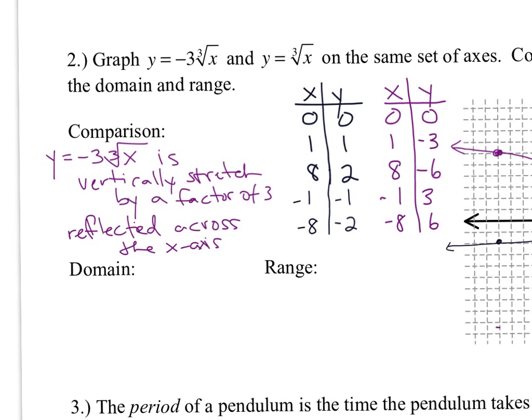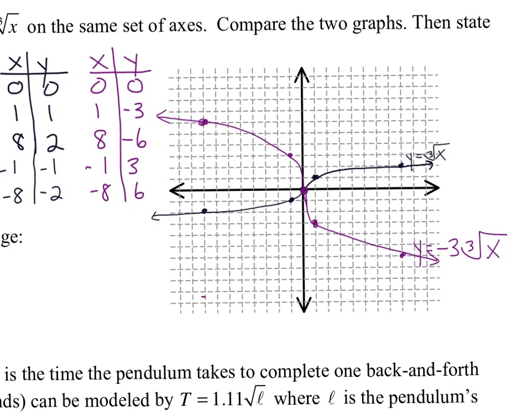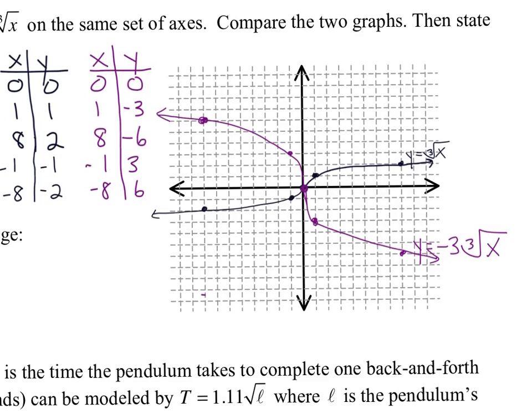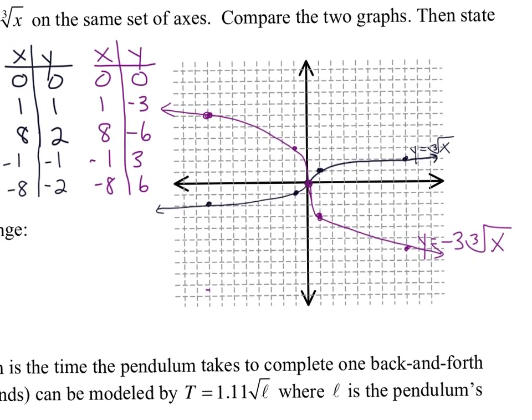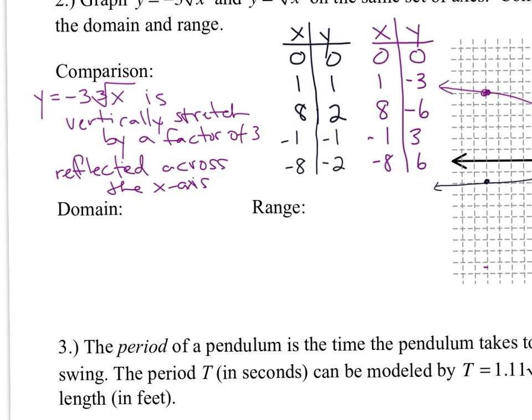And the domain and range for these are both the same. The domain for both of them is negative infinity to infinity, and the range also negative infinity to infinity.